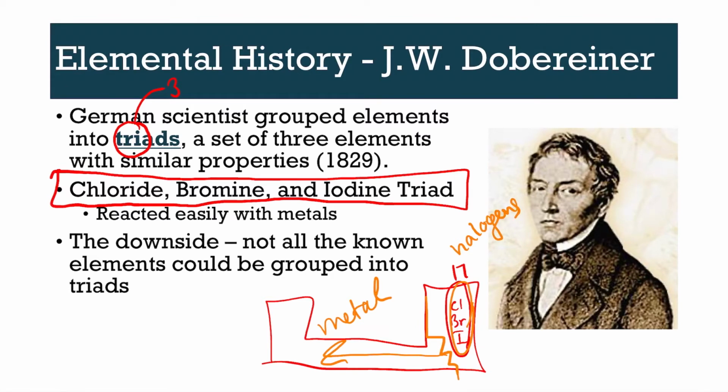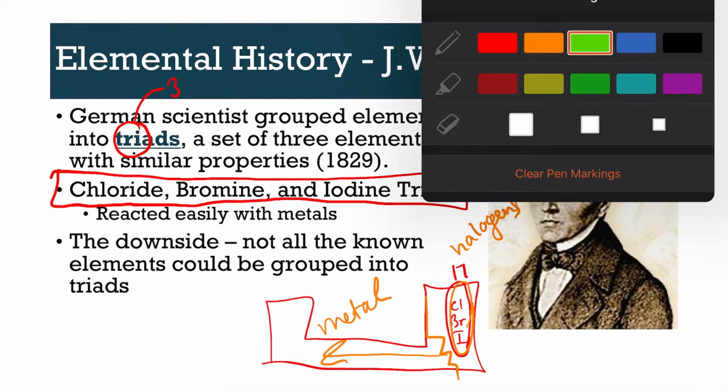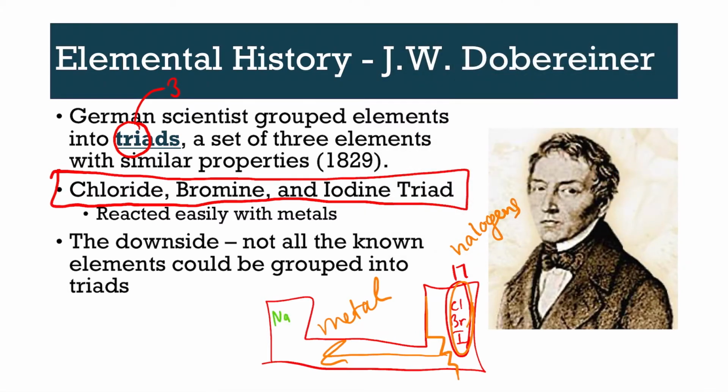They react with metals. You already kind of know this, because sodium, Na, is a metal over here, and you know Na and Cl give you salt. So that's kind of where we're headed.